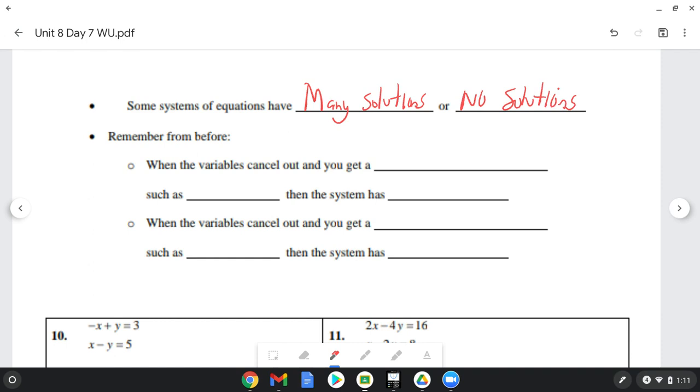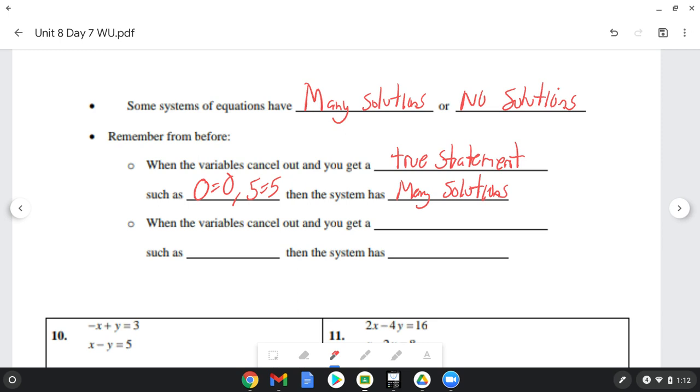So it says when the variables cancel out and you get a true statement, such as 0 equals 0 or 5 equals 5, then the system has many solutions. And that's what you learned when we did substitution.